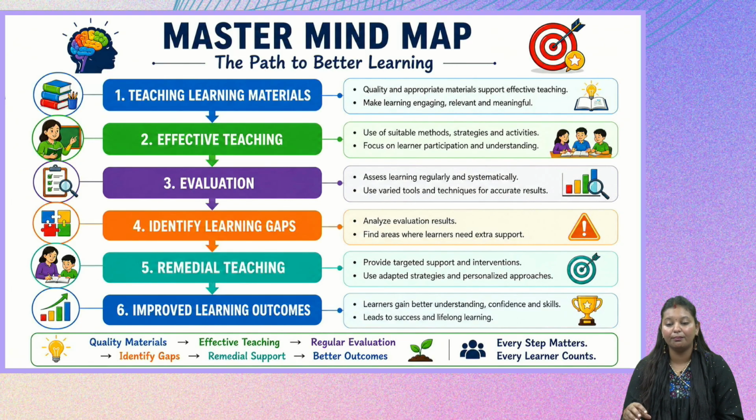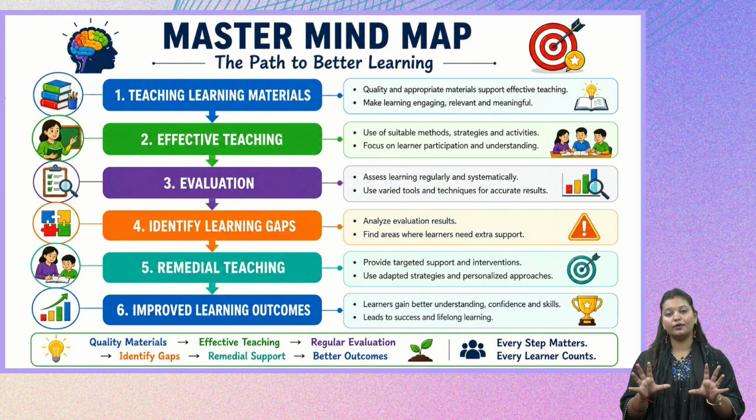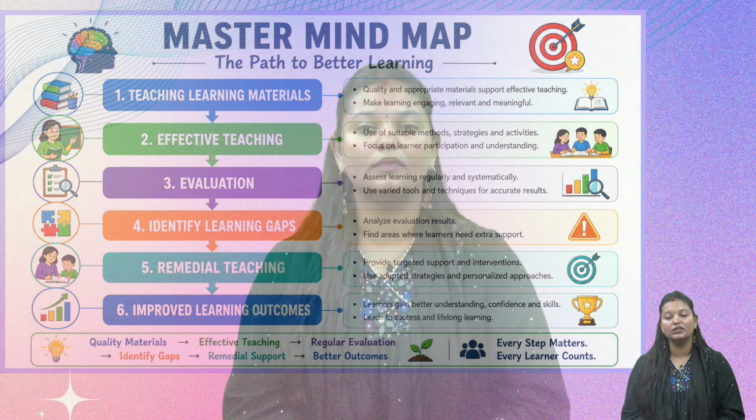So they will have better learning gains, they will understand better and they will be more confident and thereby succeed in the language learning process. So these are some of the important things that we have discussed in today's session. We will be meeting in the next session in order to solve some of the previous year questions.